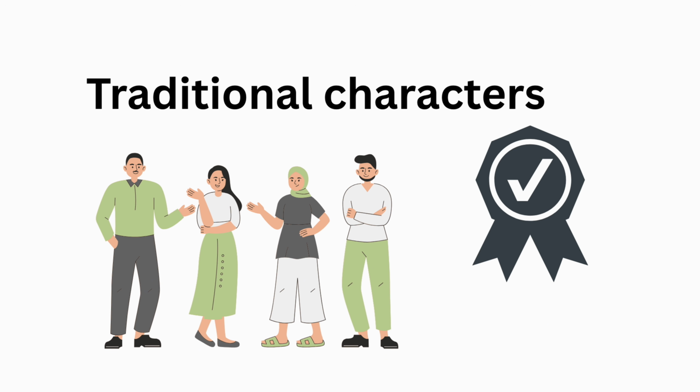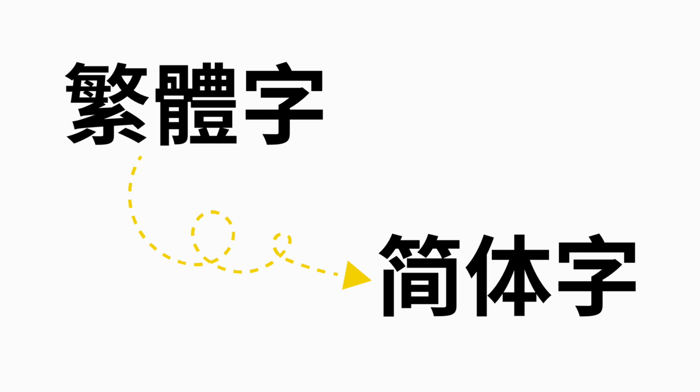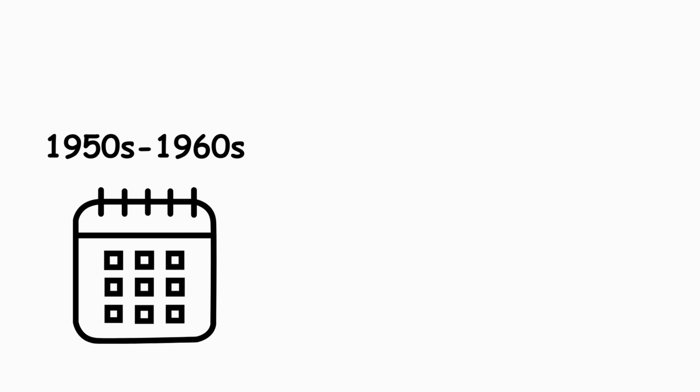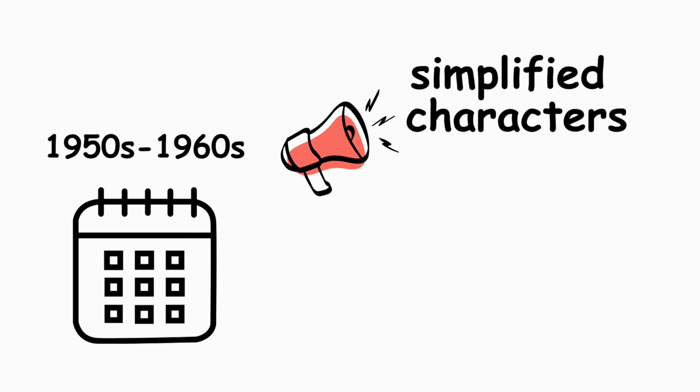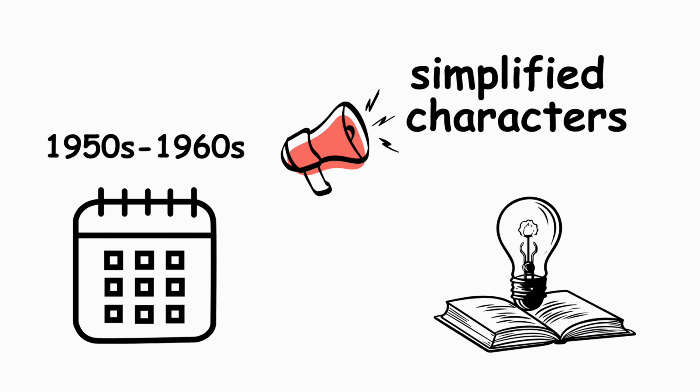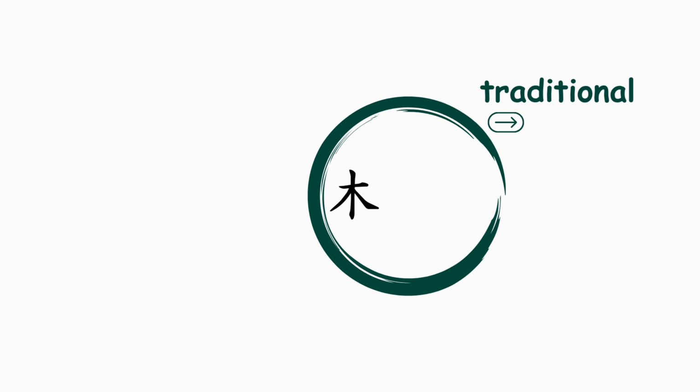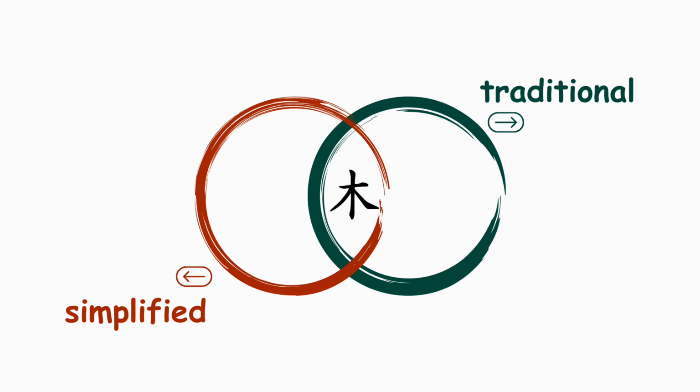But over time, some characters became simpler and simpler. In the 1950s and 60s, the Chinese government formally introduced the simplified characters to improve literacy. Some characters like mu are already very simple, so they remain the same in both traditional and simplified systems.